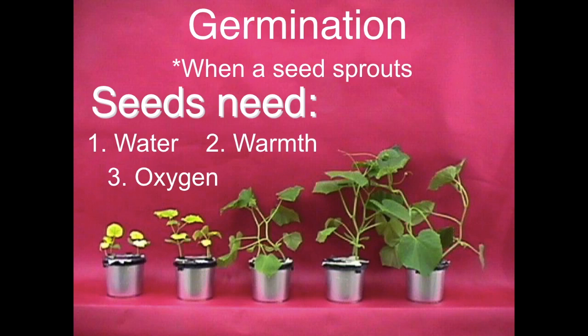Now, seeds need three things: water, warmth, and oxygen. As you can see, soil is not on the list. There is a process called hydroponics. Maybe you've heard of it. Hydroponics is growing plants without soil. You're still providing nutrients, in which maybe you're spraying the roots, but soil is not a key.